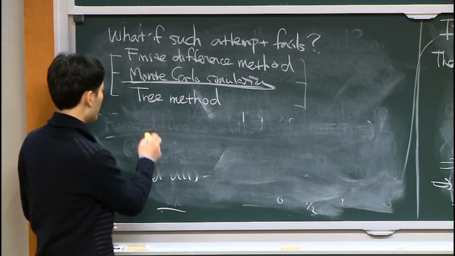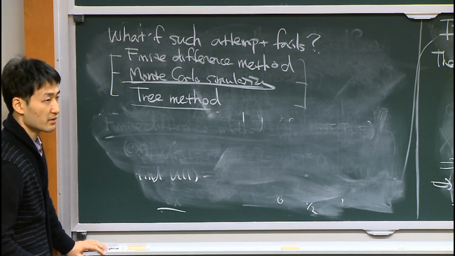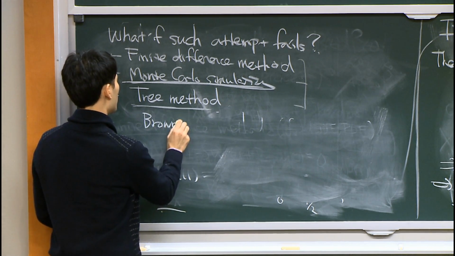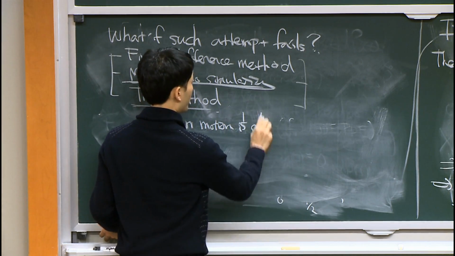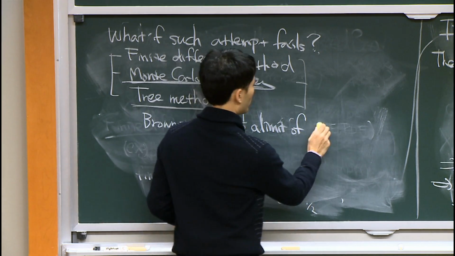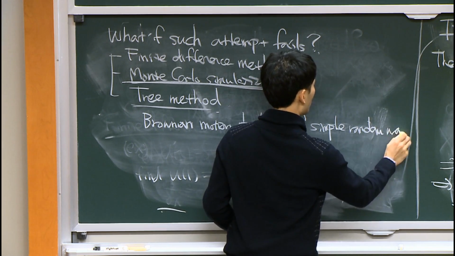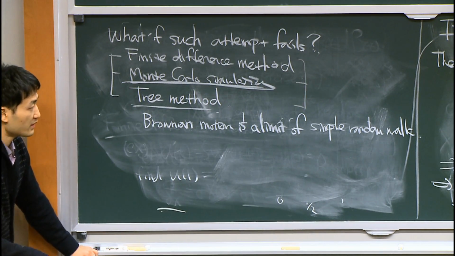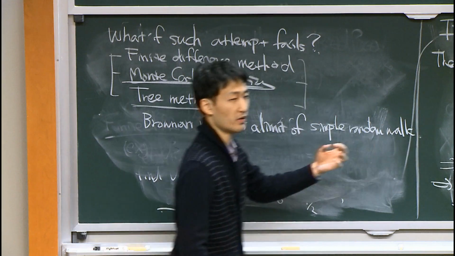Then what is the tree method? Tree method is based on this idea. If you remember, Brownian motion is a limit of simple random walk. So this gives you a kind of approximate way to draw a sample from Brownian motions.